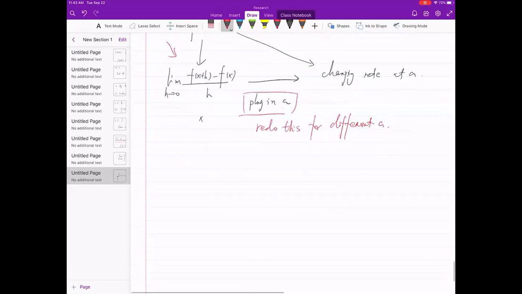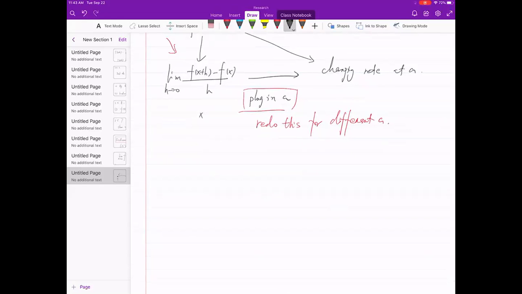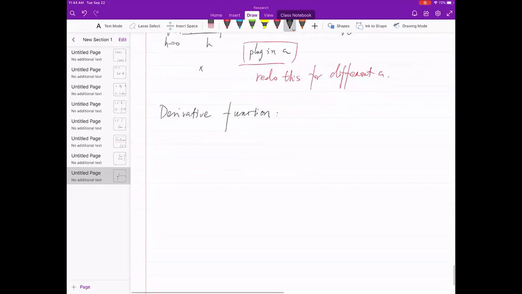Okay? We give this a name. We call it derivative. But this derivative actually gives you the derivative at any single x. So this is actually a derivative with an x inside. We call it derivative function with x. The definition is straightforward. That's just this.